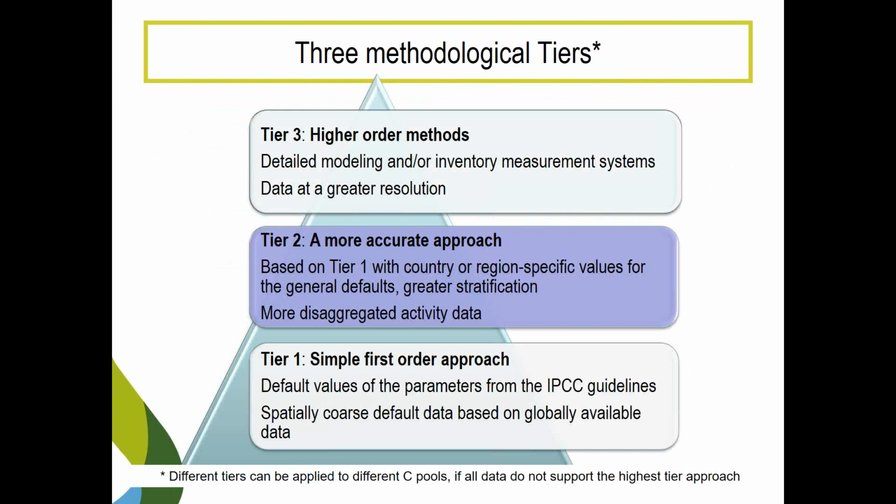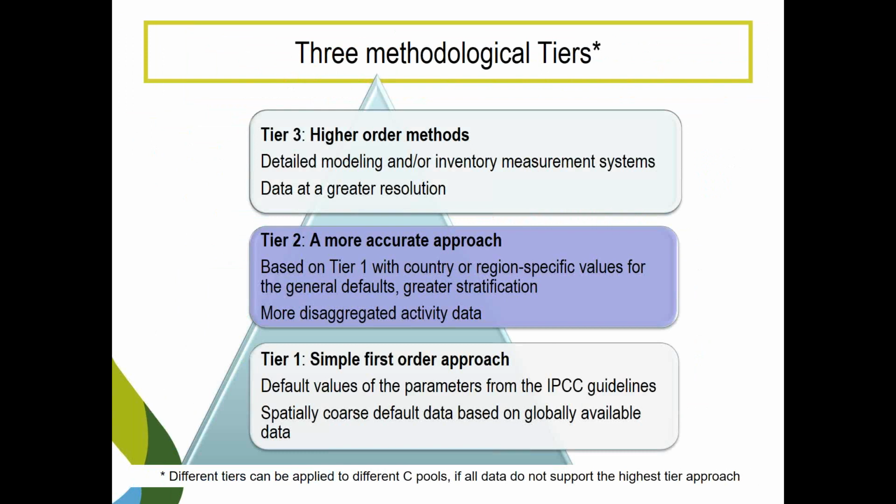At a tier 2 level, a country may use locally specific or country-specific data that is relevant to them in terms of their analysis. And at a tier 3 level, a country may apply higher level resolution analysis, including more detailed spatial analysis, as well as detailed modeling to estimate fluxes and changes in carbon stock.